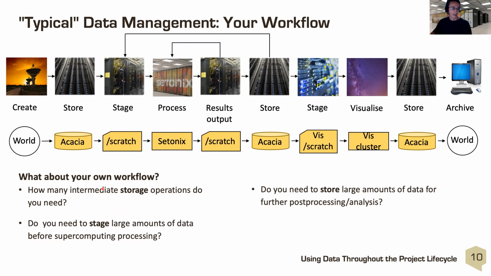If this staging of data is just a few megabytes, or you will need to be staging large amounts of data, so you need to prepare scripts for doing that, etc. Basically, think about how much data you will be needing for your process, and how many times you will be needing to move it in and out of Acacia and into the supercomputing file systems.